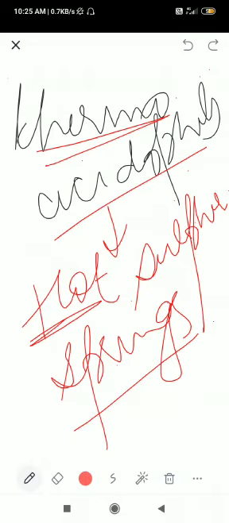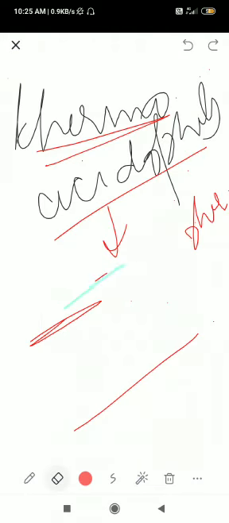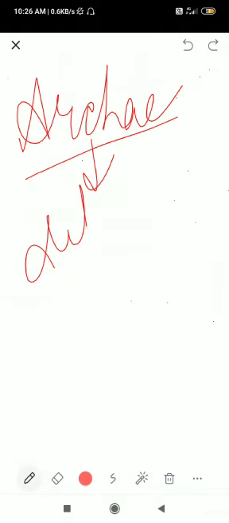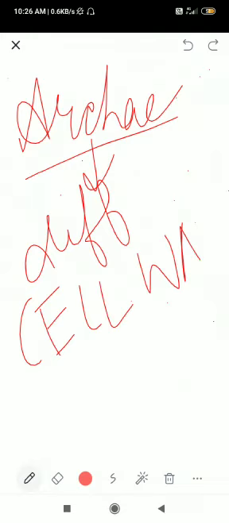Archaebacteria. Now you may be thinking why archaebacteria were able to survive. Archaebacteria were able to survive in these kinds of harsh conditions because, a very important point, archaebacteria differ from other bacteria by having a different cell wall structure.